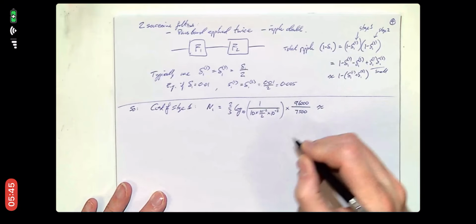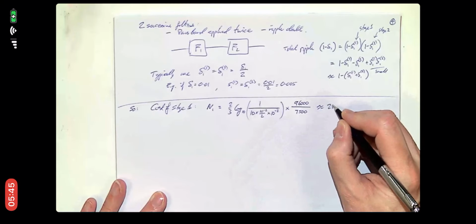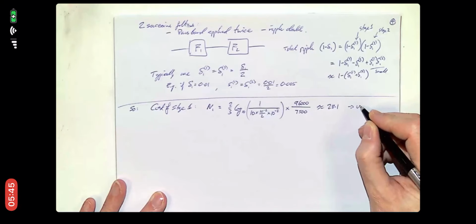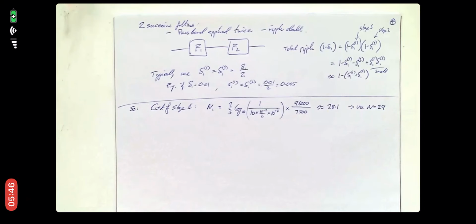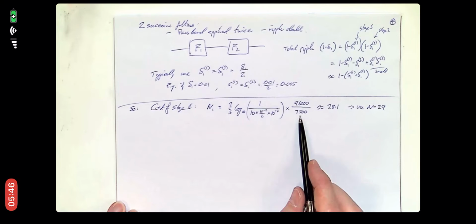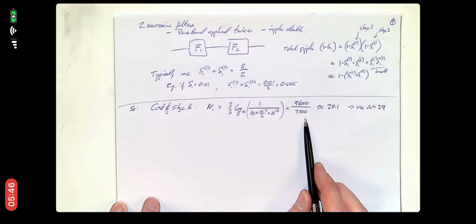If we calculate that out, that's about 28.1, so we use N equals 29. This is a much smaller filter than the 380 something that we had first time round, and it's all really down to the much longer transition band that we've got.